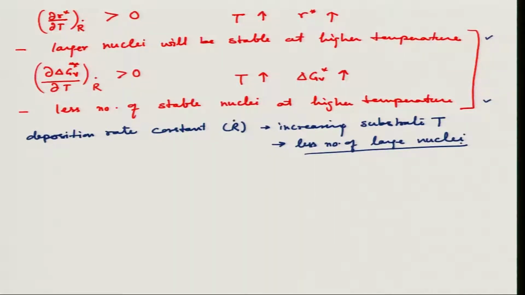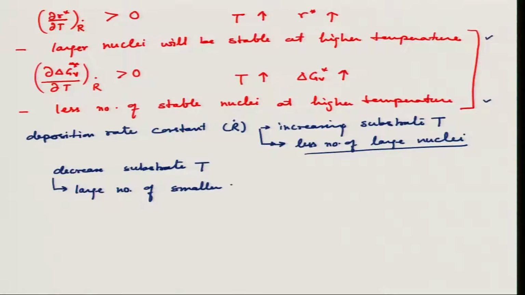So, this is from this, and if we decrease the substrate temperature, then you can see from these expressions or inequalities that the reverse will be true, and you will get a large number of smaller nuclei. Okay. So, now this is the initiation phase of your morphology.